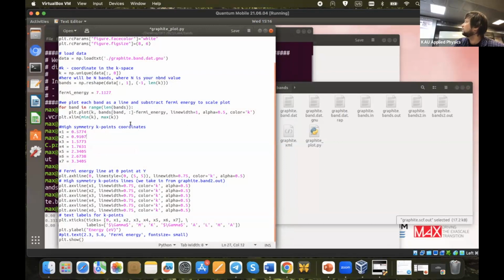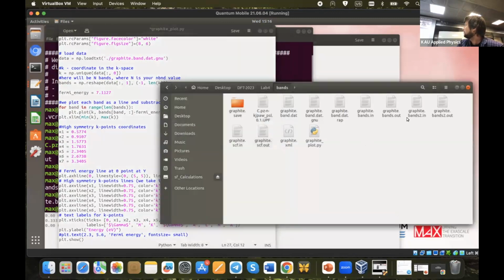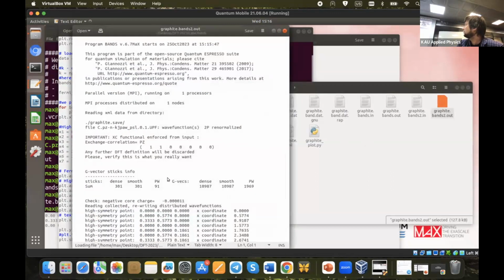And in the script, I also made these high symmetry point coordinates. You just take these coordinates from this bands out file. So gamma, this is M, this is gamma, this is M, I don't remember, K, gamma, and so on.